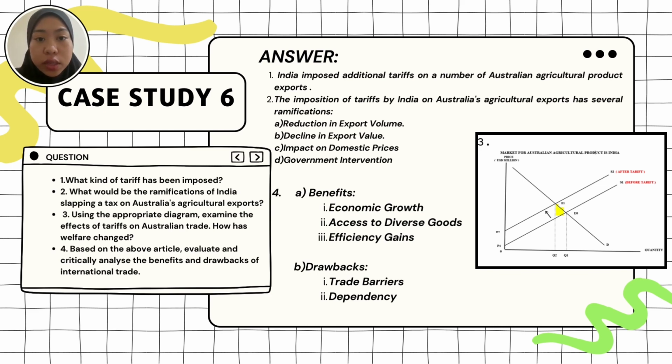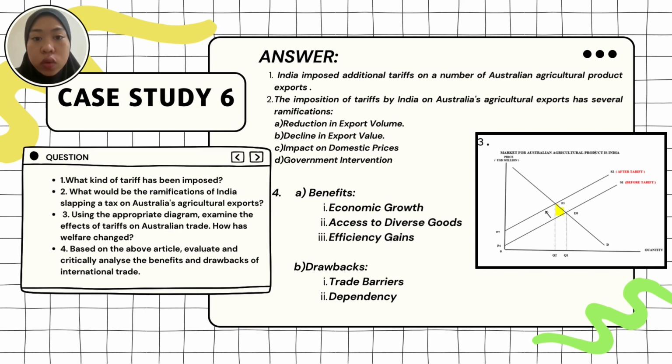So the last question is based on the above article. Evaluate and critically analyze the benefits and drawbacks of international trade. First, the benefit is economic growth, which is, international trade can contribute to economic growth by expanding markets and promoting specialization.